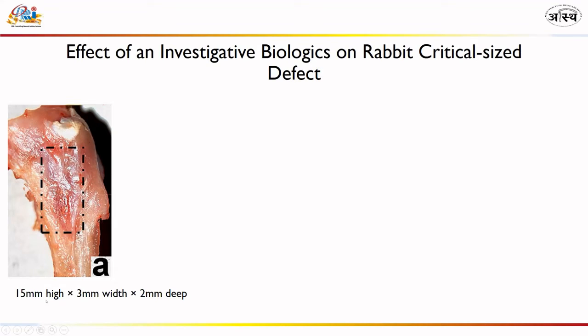We create a critical size wound, that means 15 millimeter high, 3 millimeter wide, and 2 millimeter deep, that is then taken out, and then we put a hydroxyapatite gelatin scaffold, and then we suture the wound, and then we start giving the treatments.